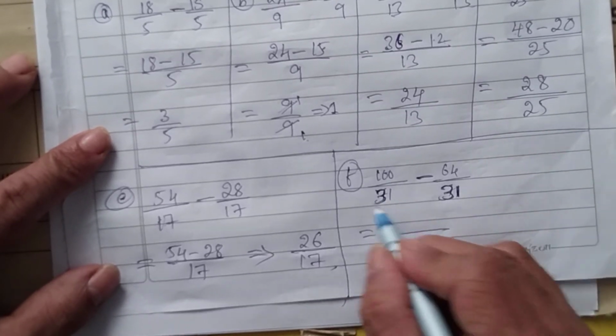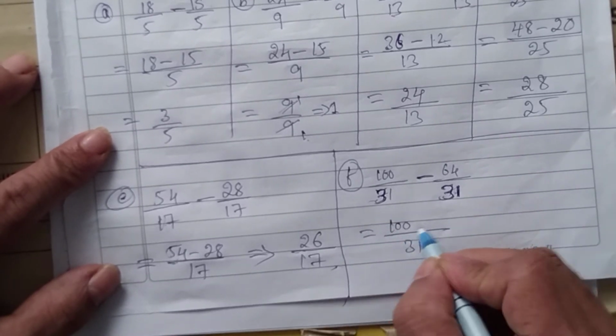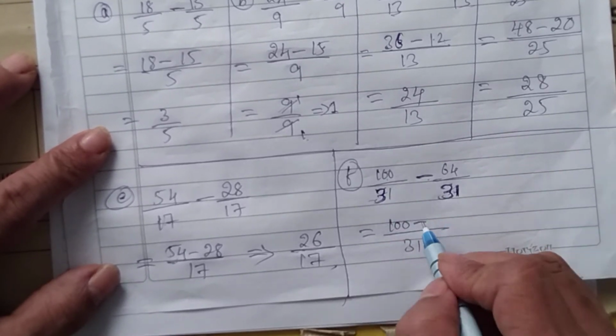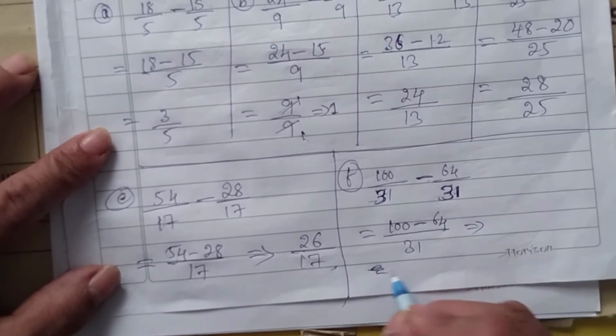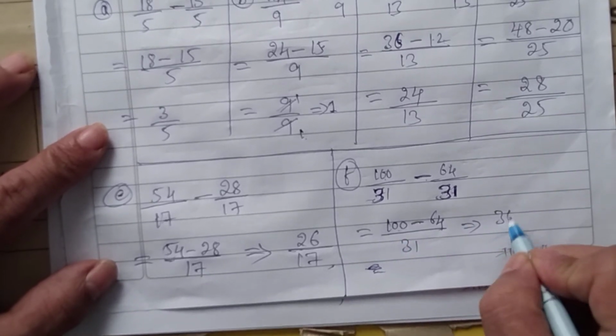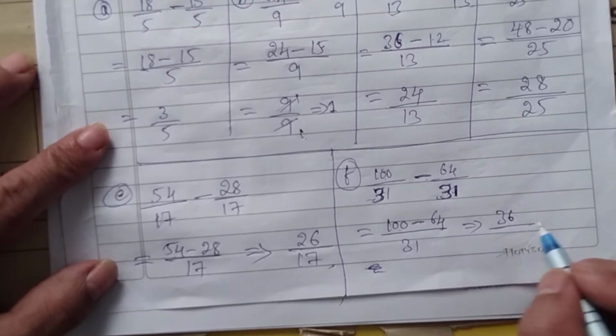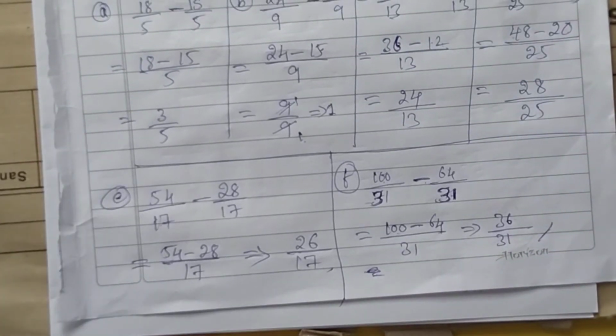Now you tell me, the common denominator is 31 because like terms are there. Then the numerator value should be as it is, 100 minus 64. Now if you subtract, 100 minus 64 is 36, and divided by 31. This is the answer of that. Now we have done the second main also. You have to copy in your classwork also.